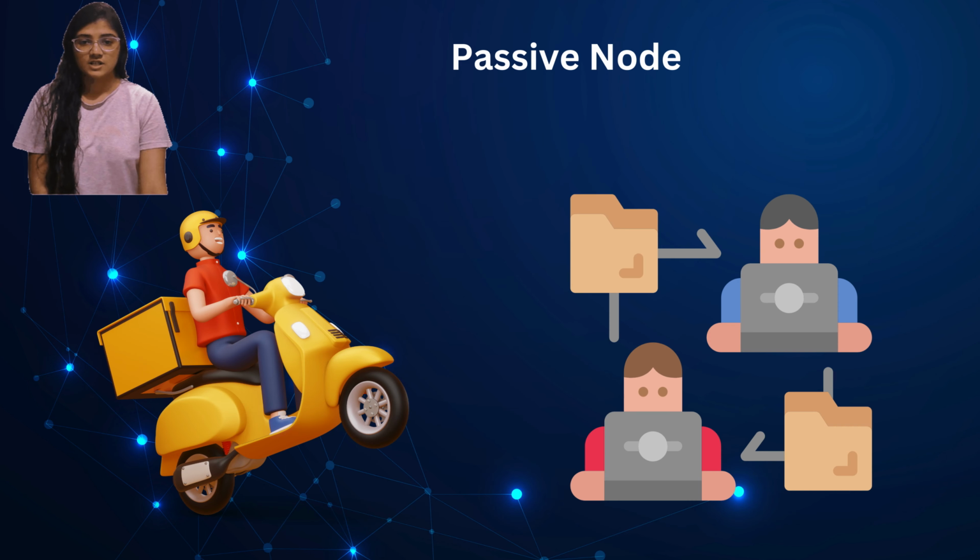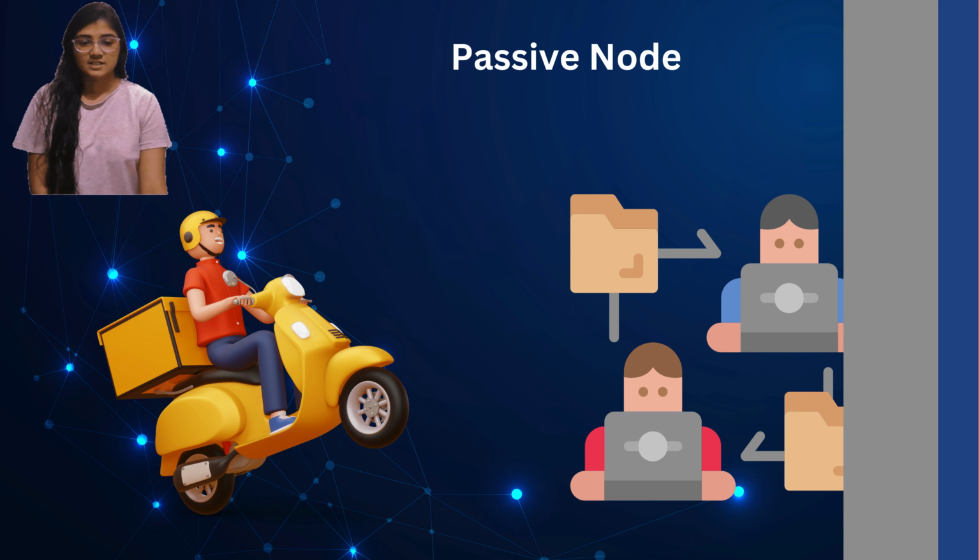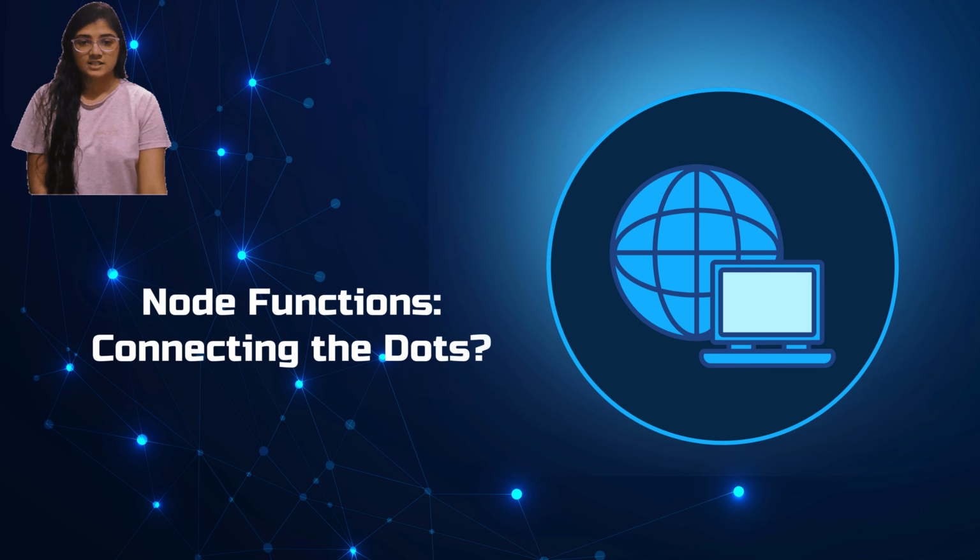Passive nodes might seem quiet, but they are like reliable couriers, simply amplifying or forwarding data, ensuring it reaches its final destination. Now let's move on to our next question, that is node functions, connecting the dots.